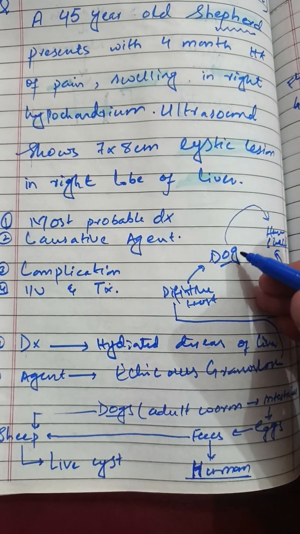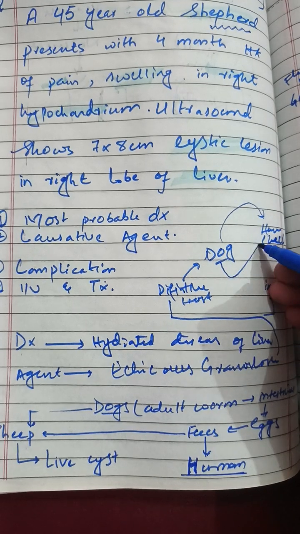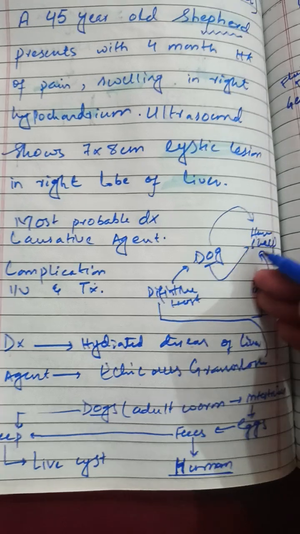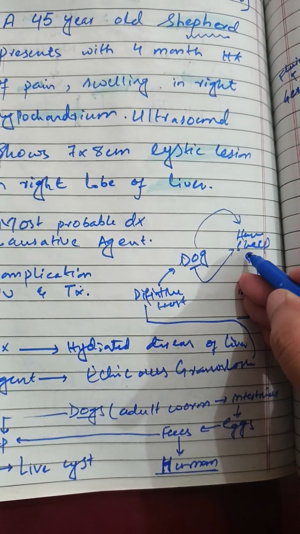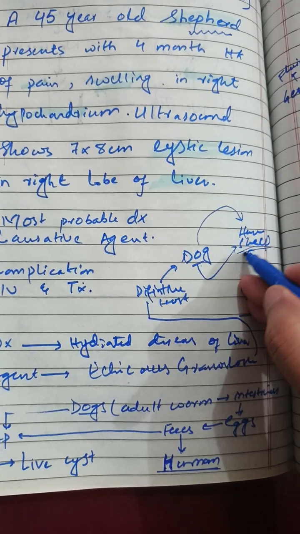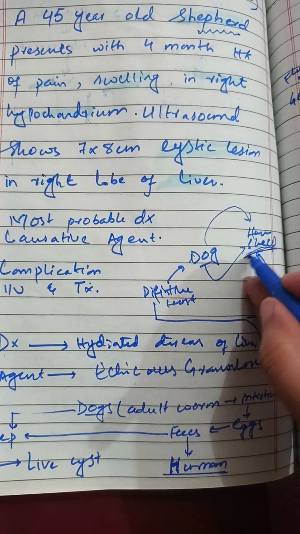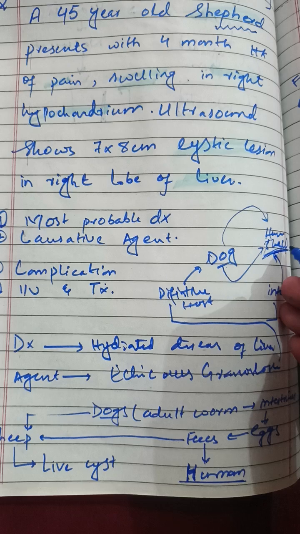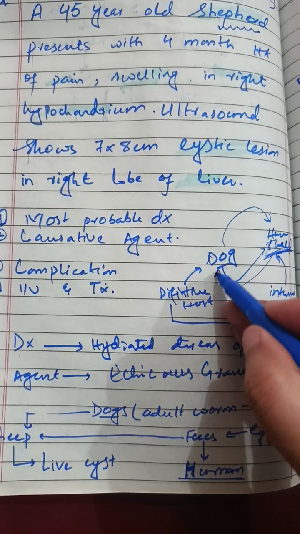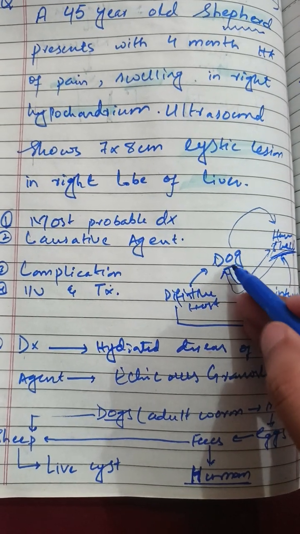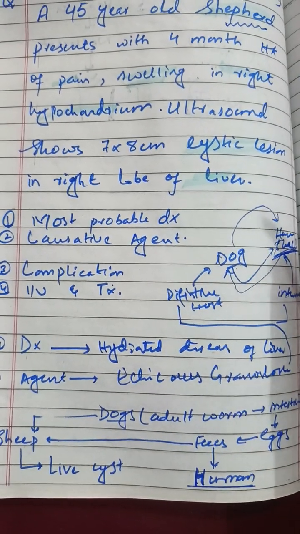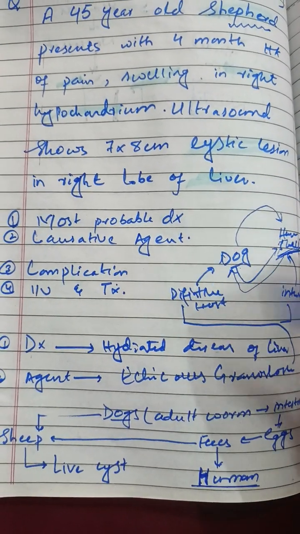The sheep are also infected while eating grass contaminated by dog feces, and develop the hydatid cyst. The meat of the sheep is again eaten by the dog, and the larva in the dog's intestine develops into an adult worm and lays eggs again, and this cycle continues.